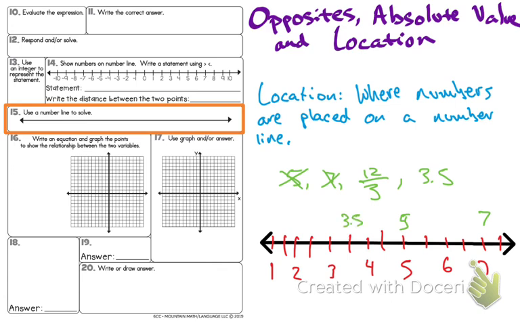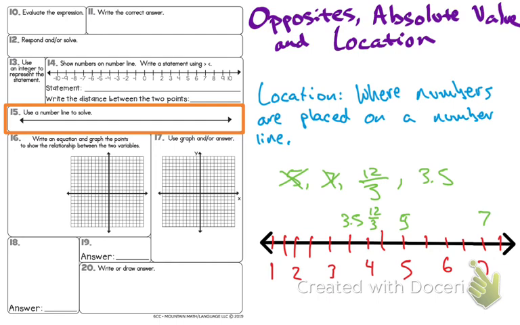And then I might have to do a little bit of work for this next one and determine that 12 thirds is the same thing as 4, and so I would put 12 thirds in that place. And now I've ordered all of my numbers from least to greatest.